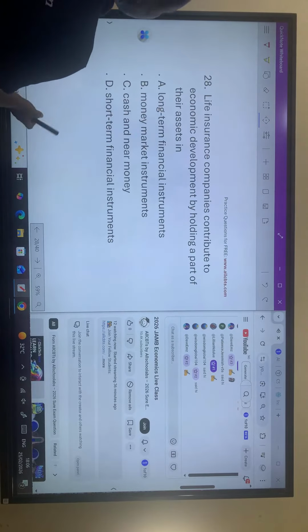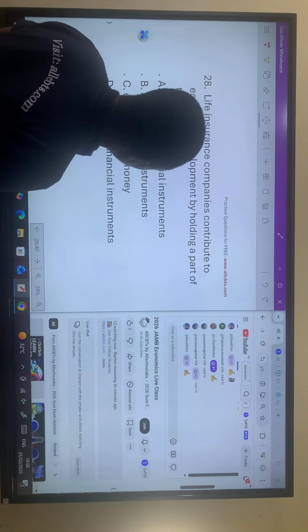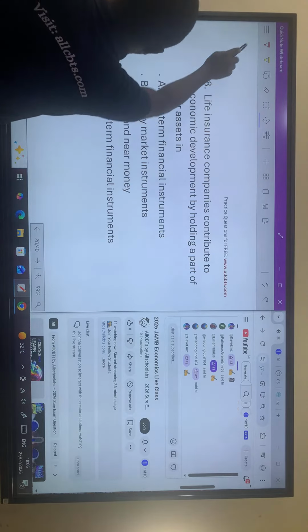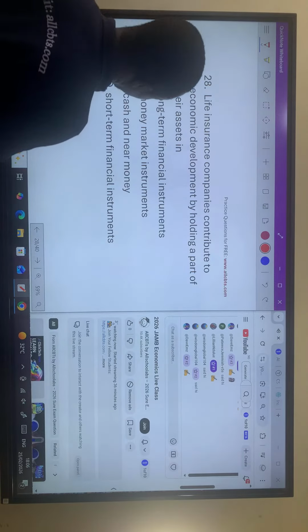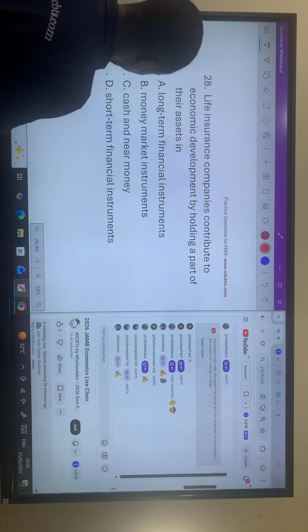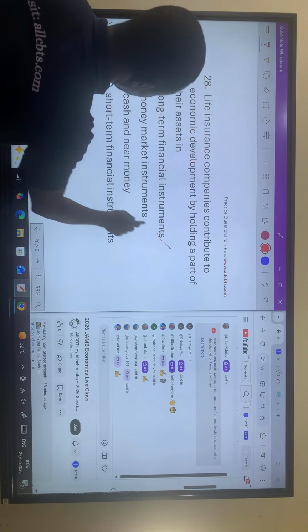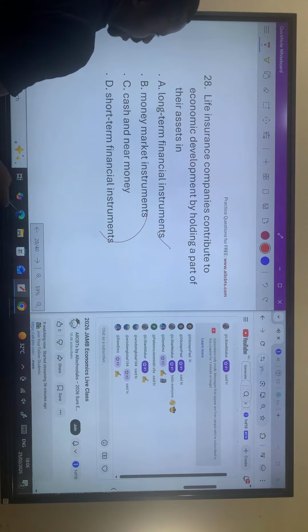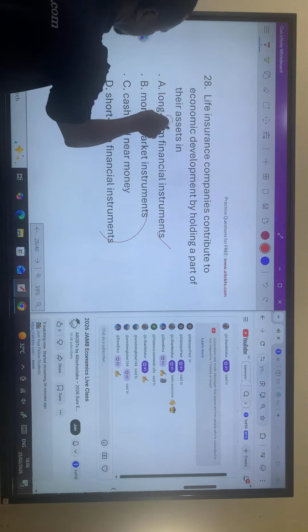Life insurance companies contribute to economic development by holding a part of their assets in long-term financial instruments, yes. Money market instruments, no. Cash and near money, never. Short-term is not long-term. Money market is short-term, while capital market is long-term.